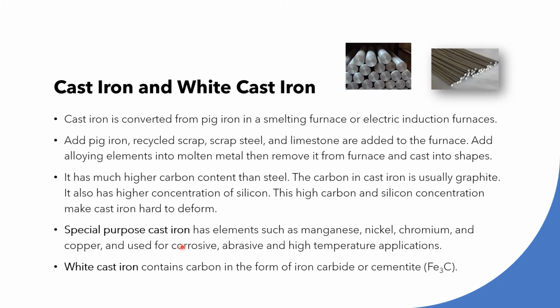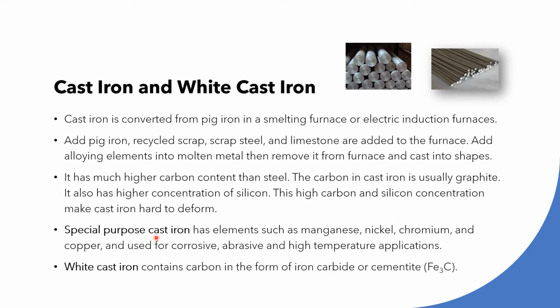So, special purpose cast iron has elements other than silicon and carbon. We have manganese and nickel. We also add chromium and copper. So why do we add these things?